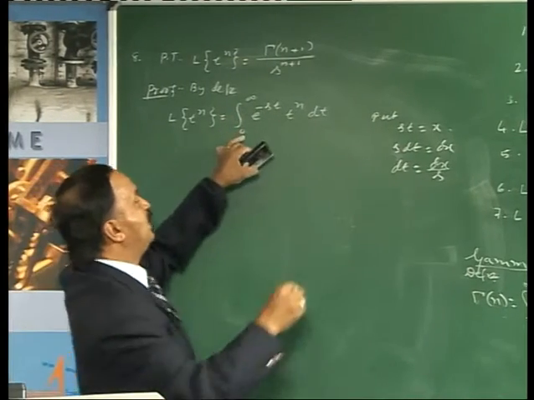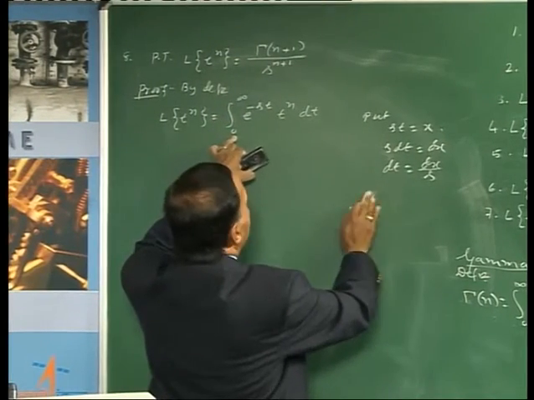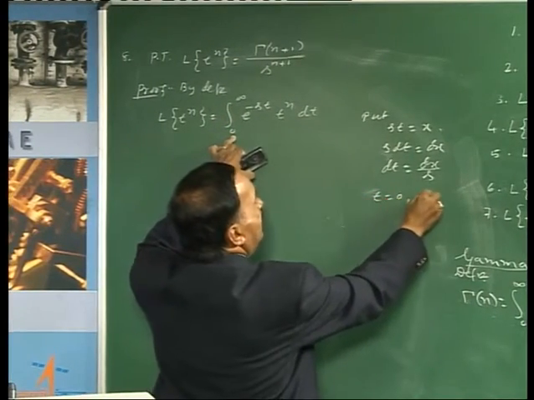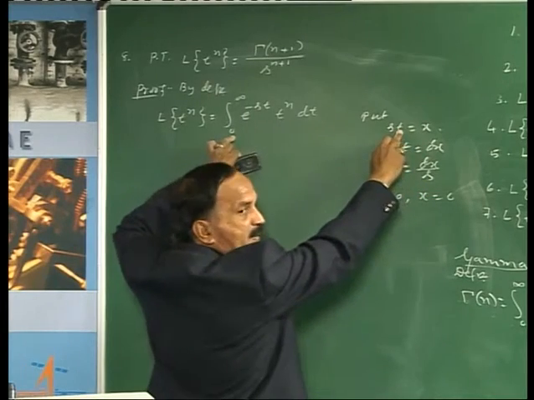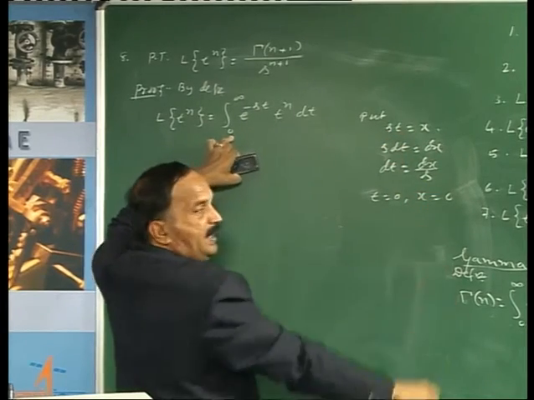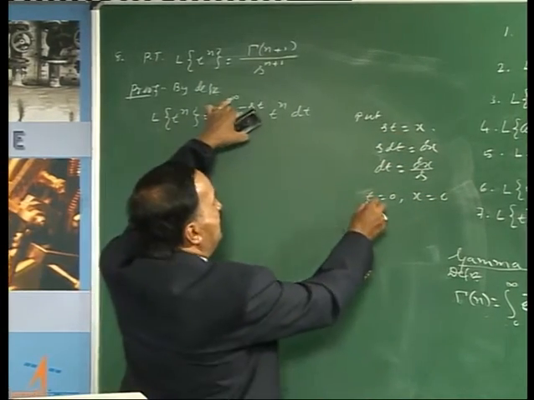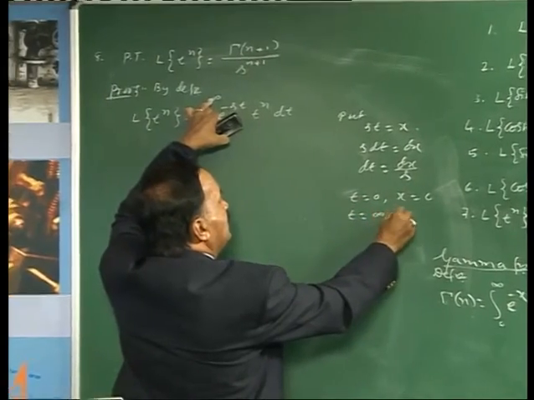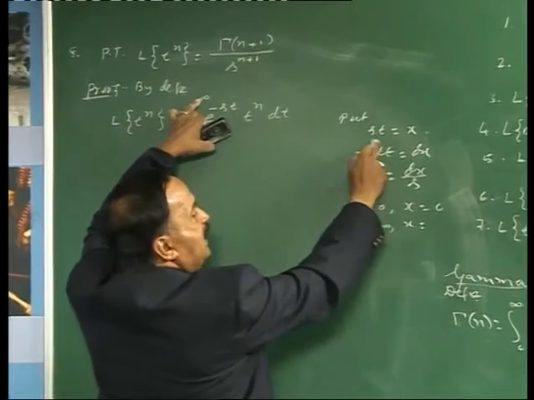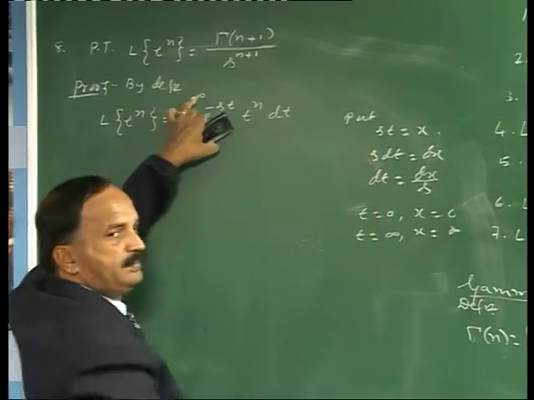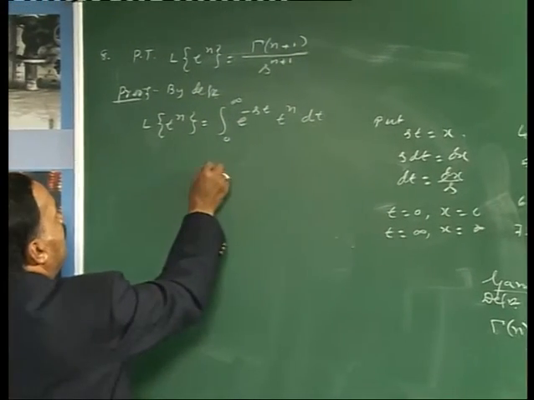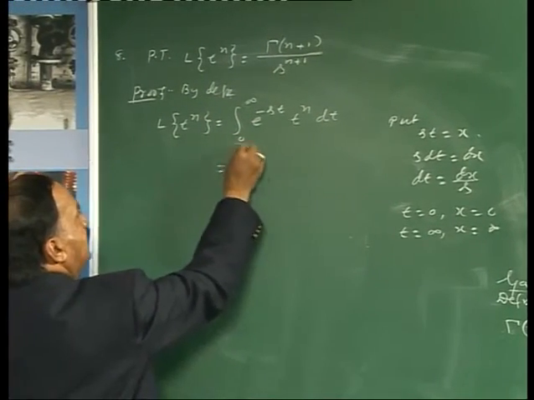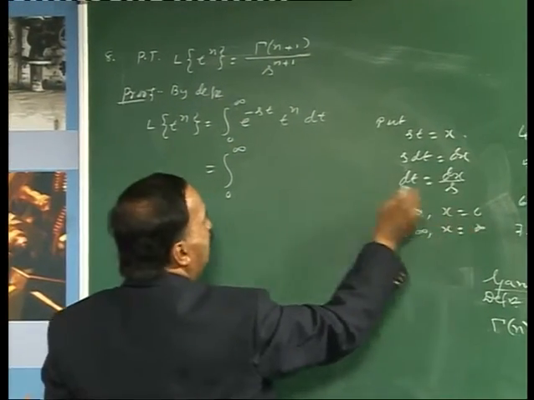And we have to change the limits also. When t is equal to 0, x is 0, since 0 into s is 0. When t is equal to infinity, x is infinity into s, which is also infinity. That means x varies from 0 to infinity.